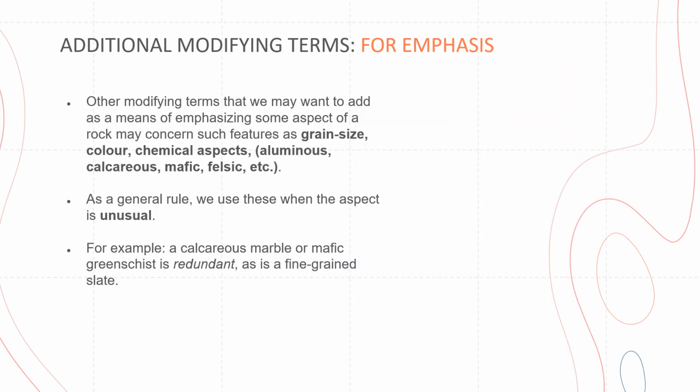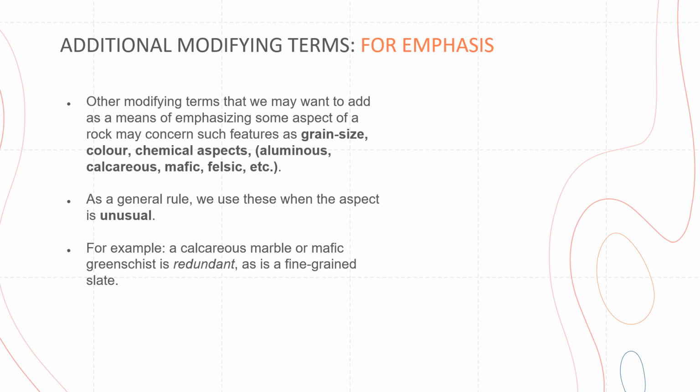Before we move on to other examples of modifying terms that we can use, it is important to note at this stage that as a general rule, you only use modifying terms to address things that are unusual about the metamorphic rock, because remember, we're describing rocks to impart information about them.